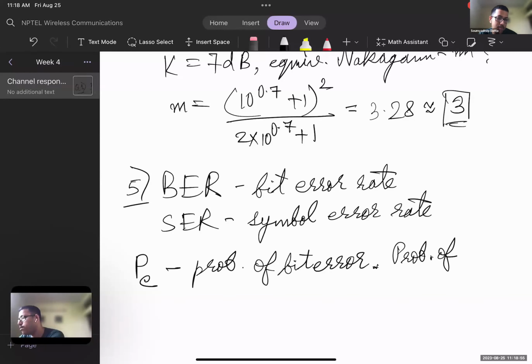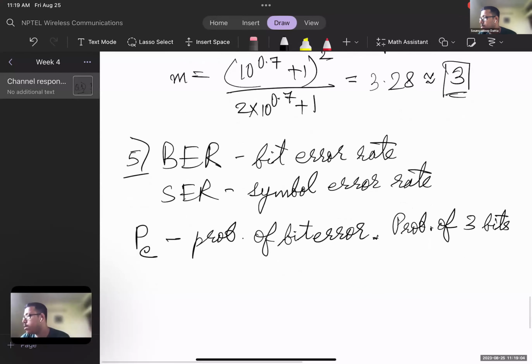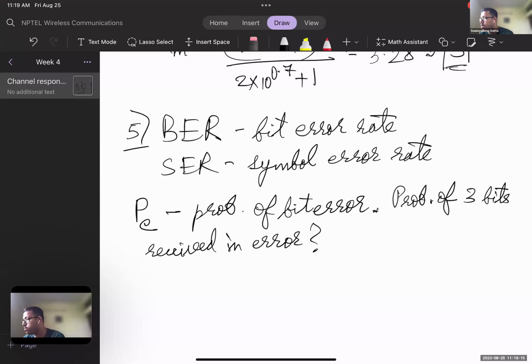So you are asked the probability of 3 bits received in error. All 3 bits are received in error. For a single bit, it is PE. It's just one term. For 3 bits, all 3 of them to be in error, what is the probability? The key concept here is that you can roughly assume transmission of every bit is independent.